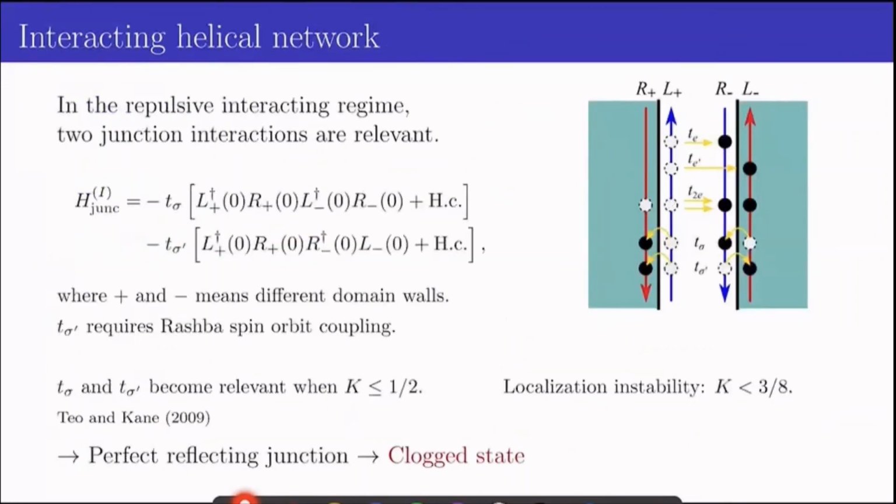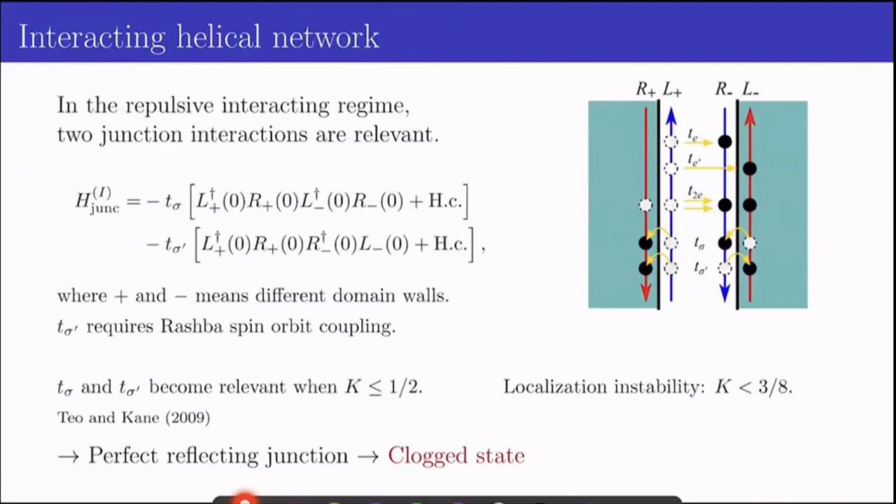We can enumerate the possible perturbations by symmetry at the junction, and we focus on these 2 processes. Those 2 are the inter-edge backscattering terms. And when both of them are relevant, they will form a local gap at the junction. This happens for k smaller than 1/2.